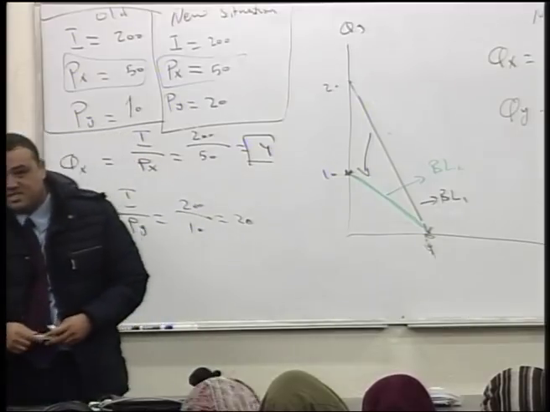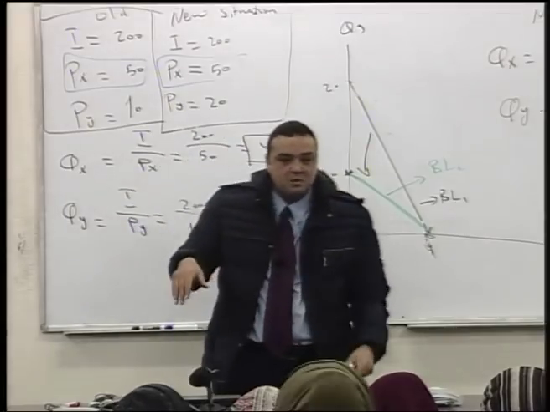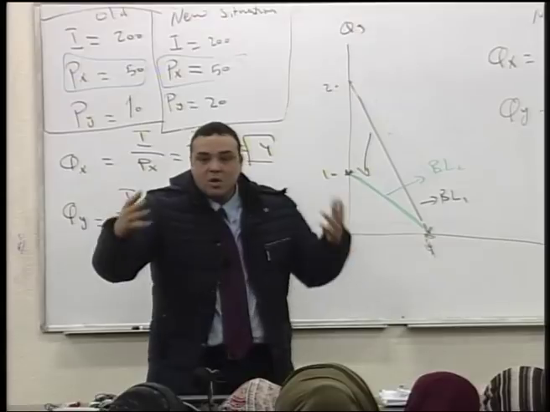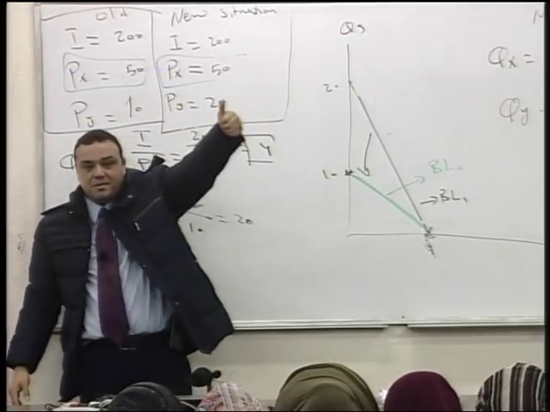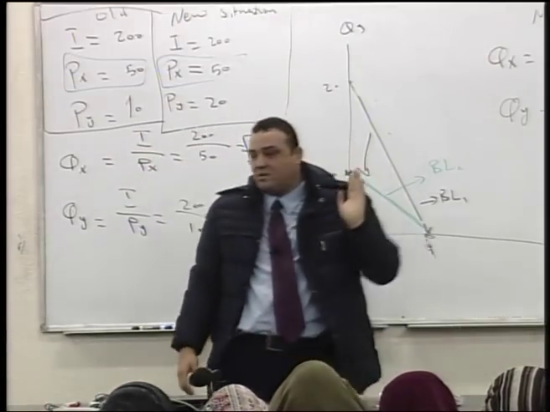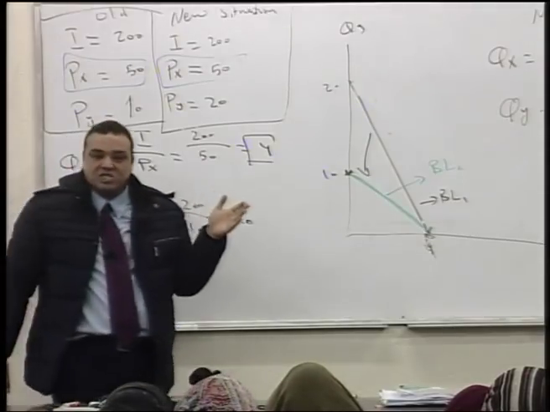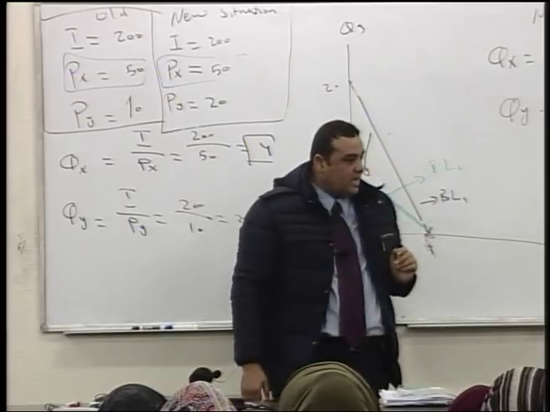What will happen if the price of X and the price of Y changed and the consumer's income remains constant? Any changes, either in the prices or the consumer's income, will make some changes in the budget line, either the slope or the location of the budget line. Okay? We said what moves the location, either to the left side or right side?